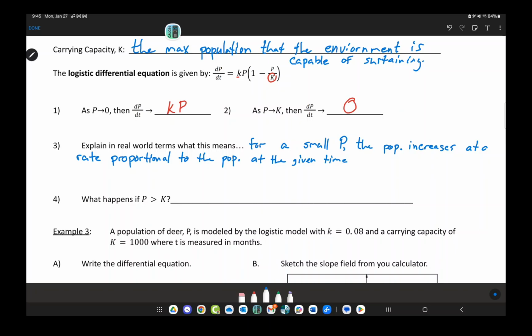Right? For a population close to its carrying capacity, capital K, the rate of growth is close to zero.